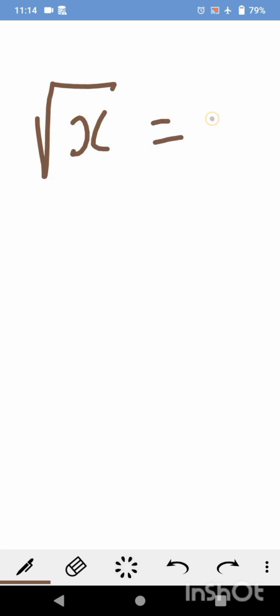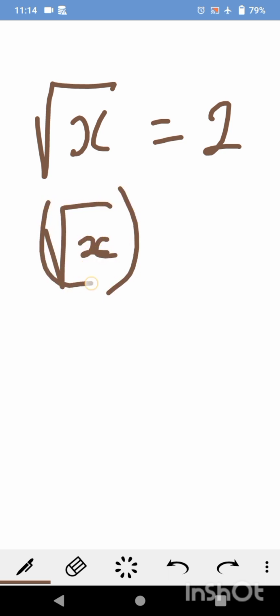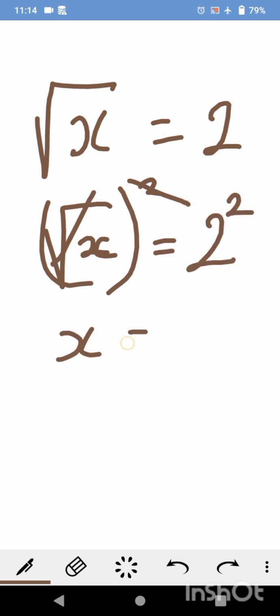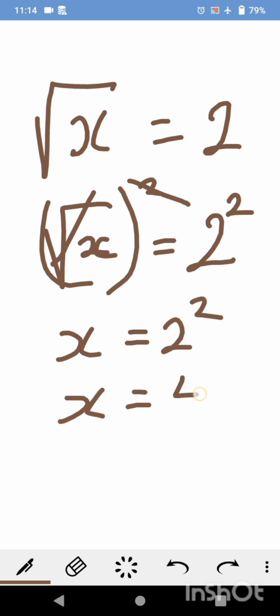Okay, what if we have square root of x equal to 2? What do we do? Here we square both sides. If you square both sides, x will be equal to 2 raised to power 2, which is equal to 4.